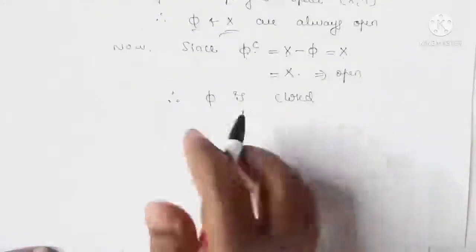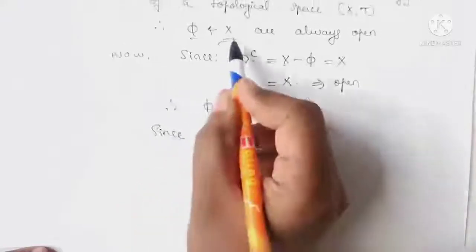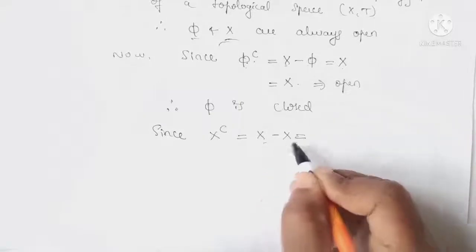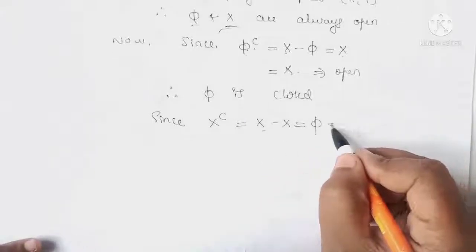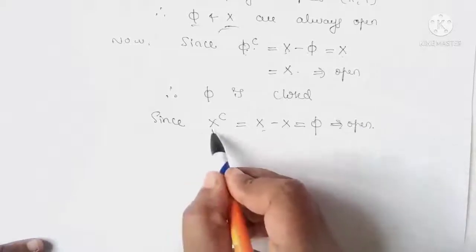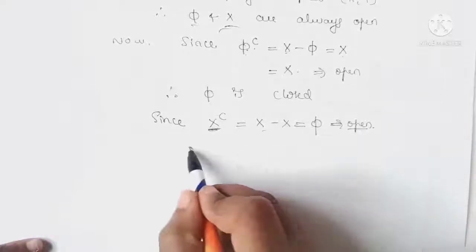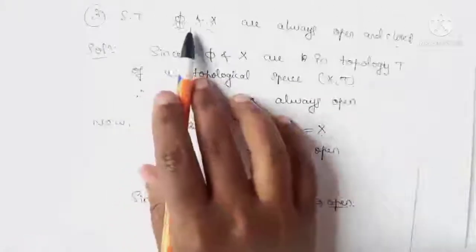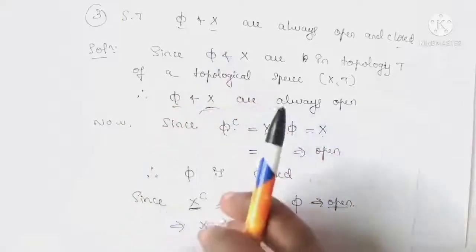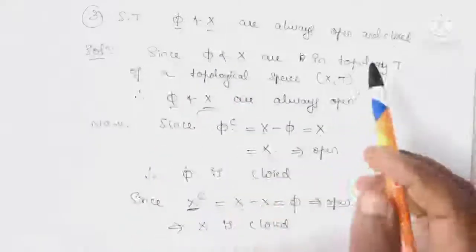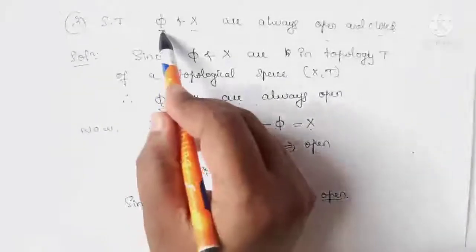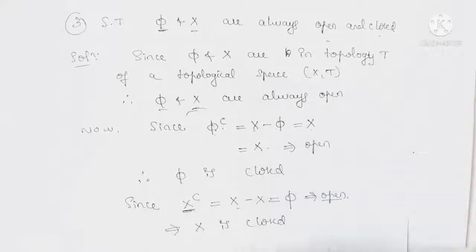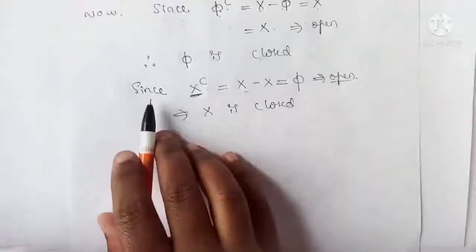Similarly, the complement of X is X minus X, which equals the null set, and this null set is open. Since the complement of X is open, we can say that X is closed. Hence phi and X are subsets of X which are always open and closed. These phi and X together form a topology on any set X.